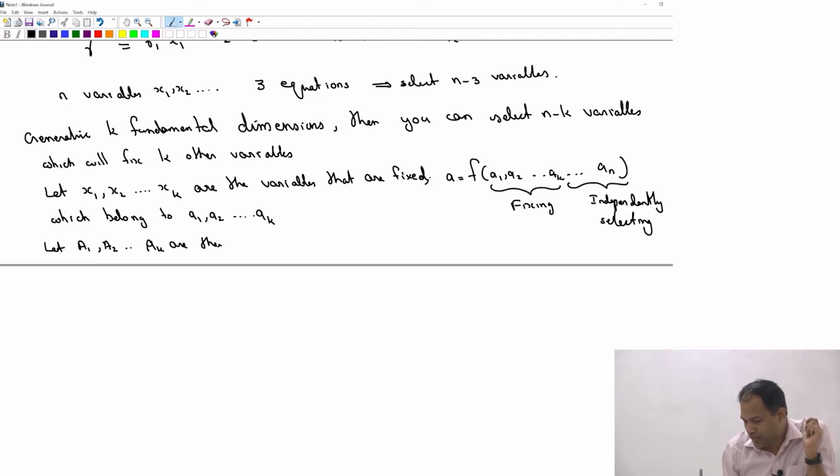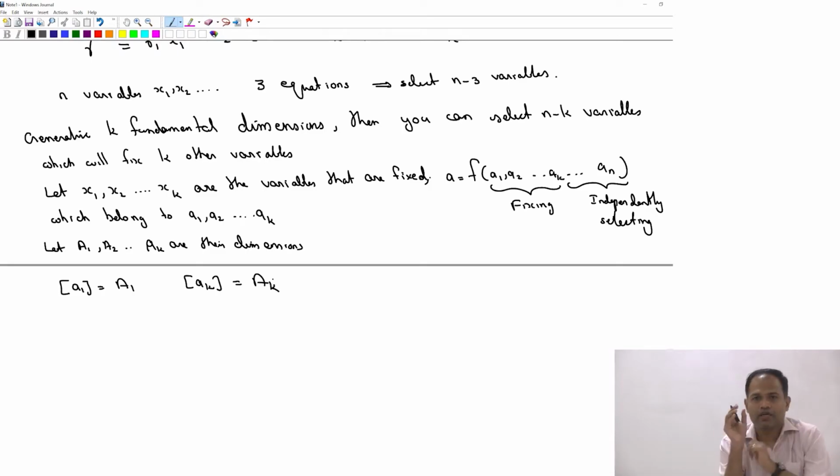be their dimensions. So for the first k variables, let's say capital A1, capital A2 and so on are their dimensions. And ak plus 1 to an are the independent variables that I have, and I am now going to represent the dimensions of these independent variables in terms of dimensions of the fixed variables.